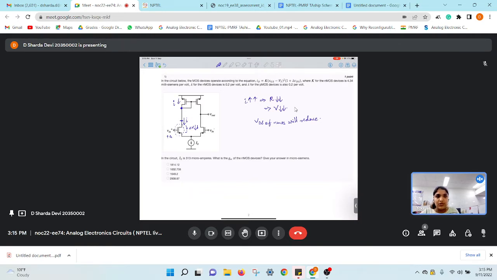Since the voltage is reducing at this point, what will happen for this PMOS? This is connected to the gate, so this node voltage will also reduce. VSG is VDD minus VG, and since VG is reducing, VSG will increase, resulting in an increase in current at this MOSFET as well.